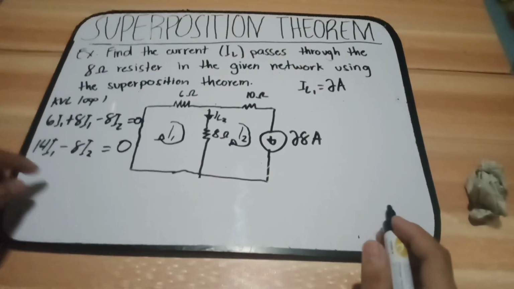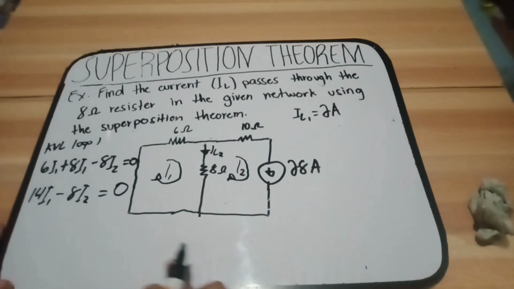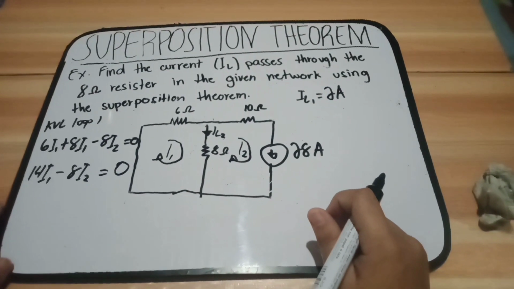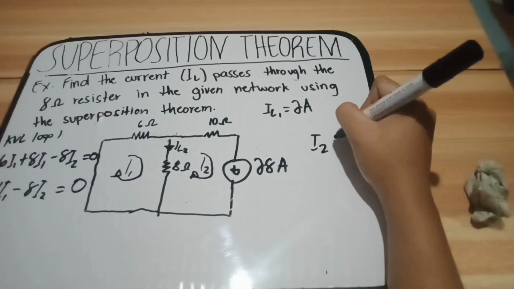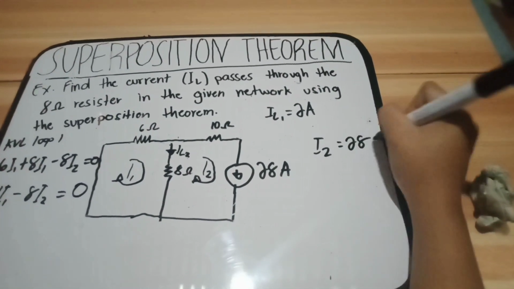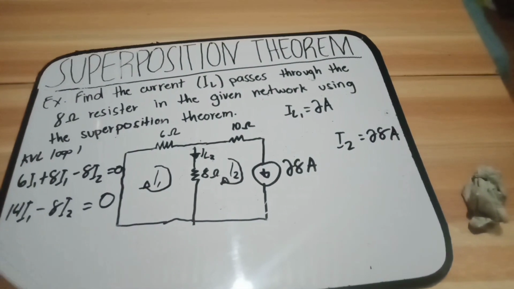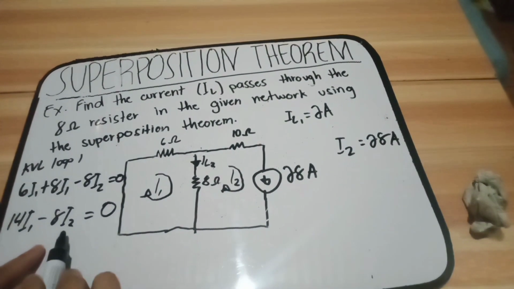Ngayon, hahanapin muna natin ang I2. The current that passes through loop 2 is calculated from the current source, so ang I2 natin is equal to 28 ampere. Ililipat na natin ang 28 ampere to this one.